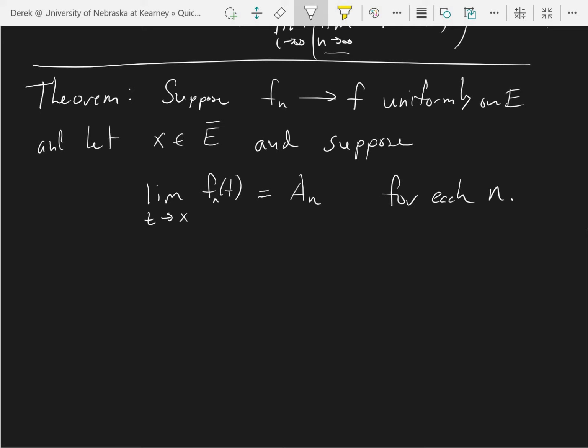So we do this for each n, and we get a limit as t approaches x for each n. So n is fixed in this statement.